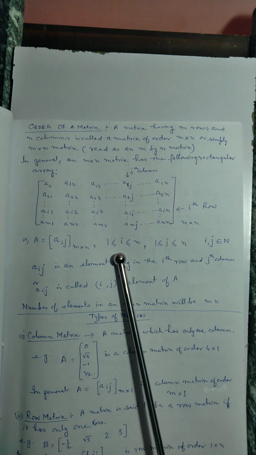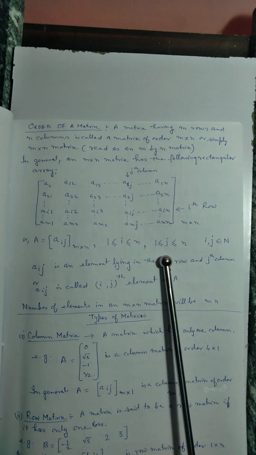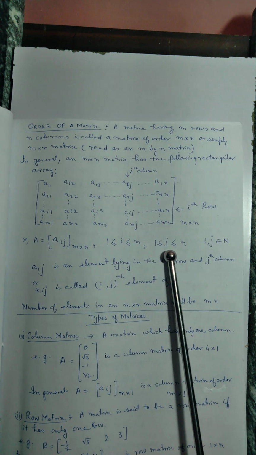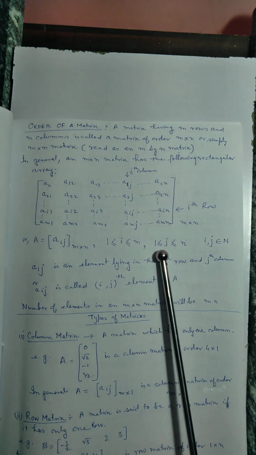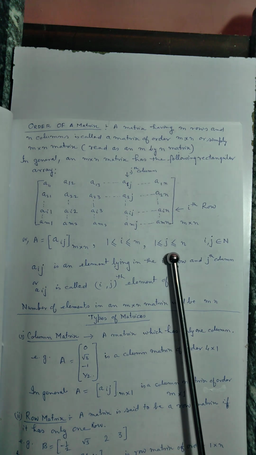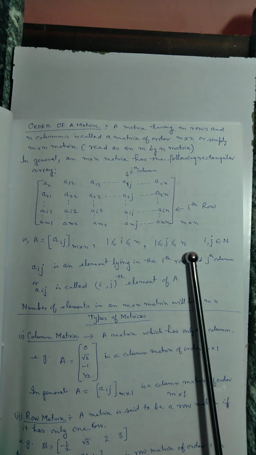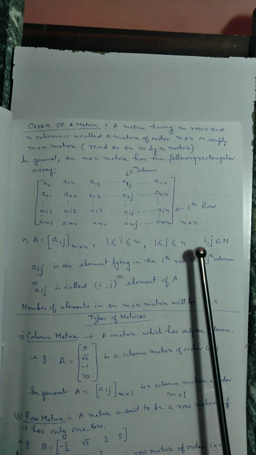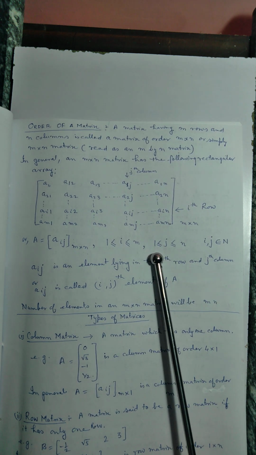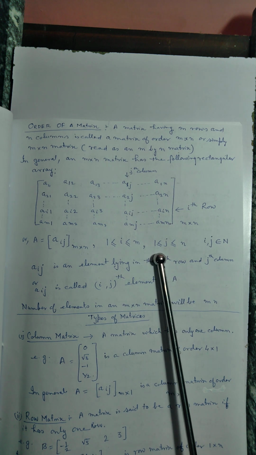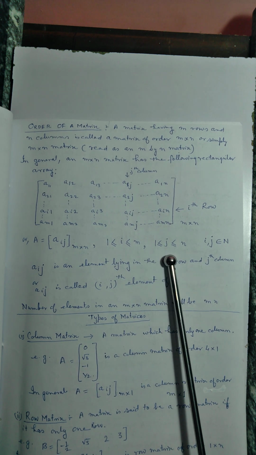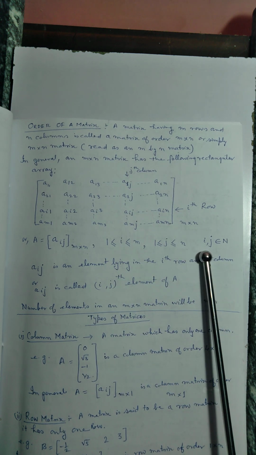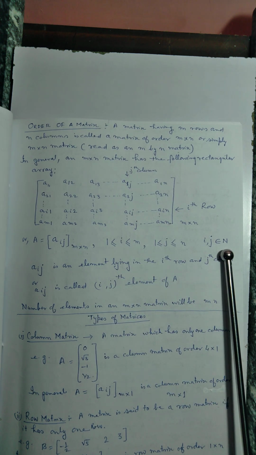That will indicate the row. Now come to the jth column. The value of j: 1 is less than or equal to j and j is less than or equal to n, meaning the column starts from 1 to n, where i and j belong to natural numbers.